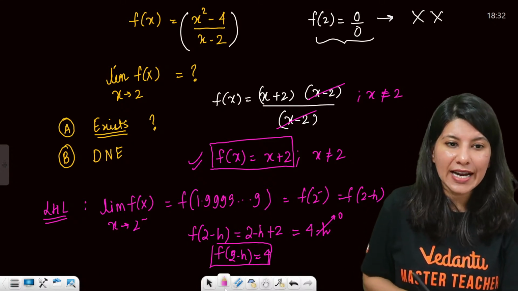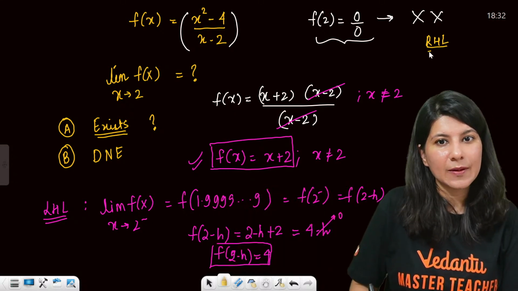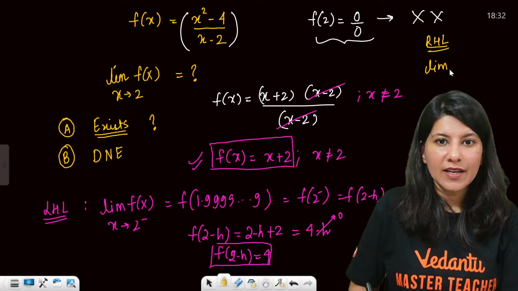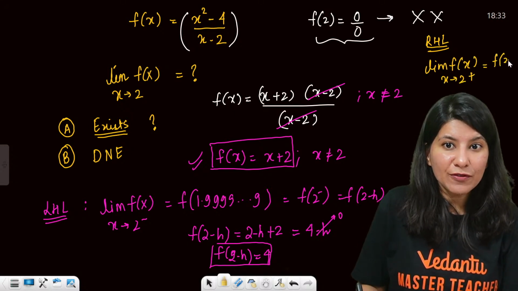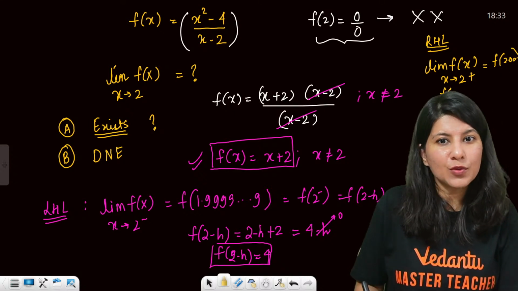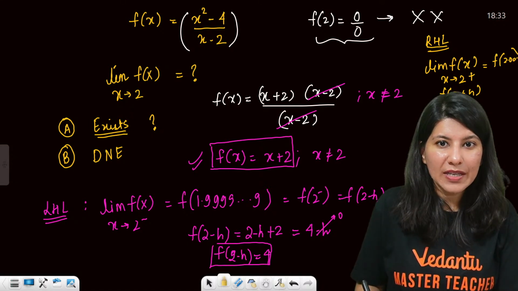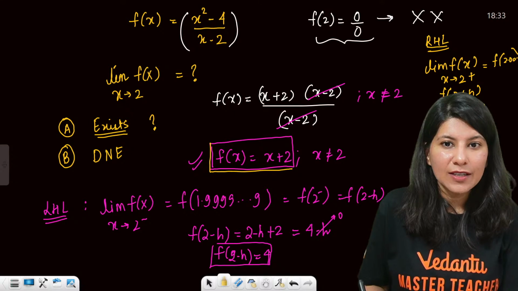What about the right hand limit? This is the limit of f of x as x tends to 2 plus, which will be f of 2.0001, correct? That is f of 2 plus h, so basically you have to replace x by 2 plus h.